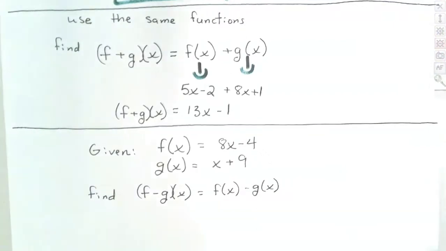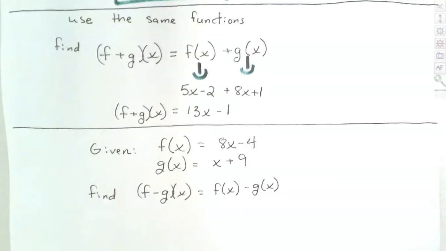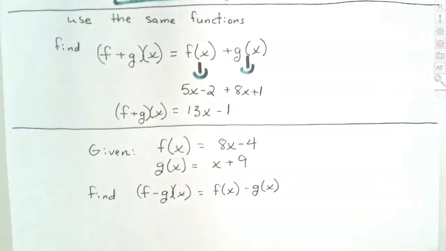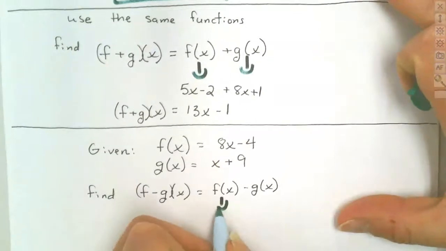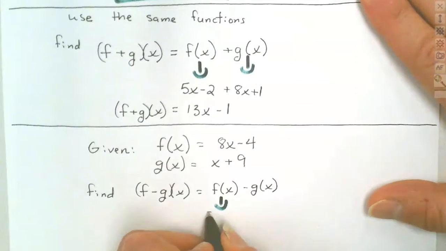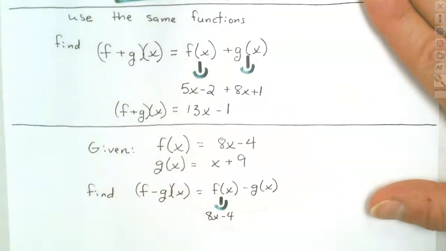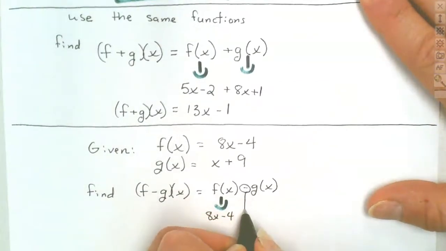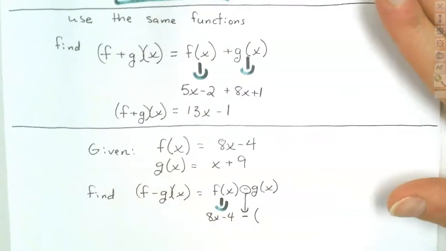And this is very simple, but here's where students make a mistake. With that negative, we have to use parentheses, and we have to distribute that negative through. So all we do first is we copy down f of x. And what was f of x? 8x minus 4. Then you bring down your negative, and you're going to have to use parentheses now, because it has to be distributed through.